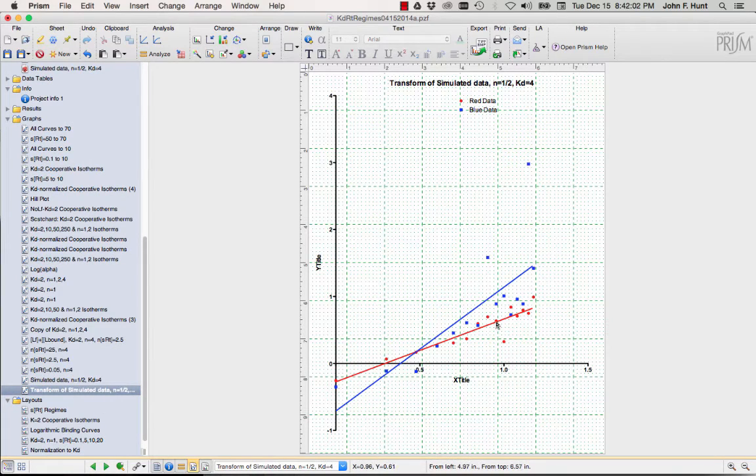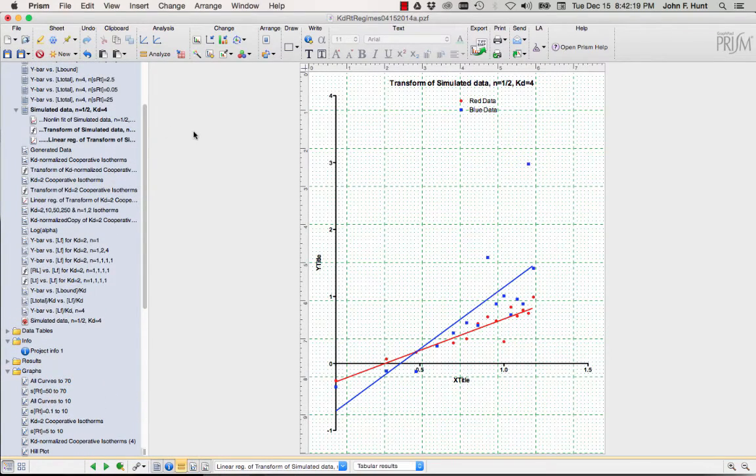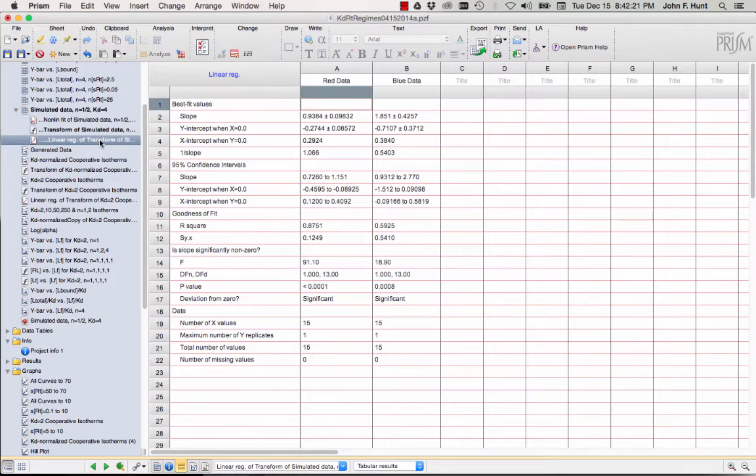We see the slope. We see the red line. The red data are giving us a pretty good line, I have to say. Its slope is very clearly lower than the blue, and that suggests the cooperativity is lower. Let's go up and look at these linear regression values. See what it gives us. It is estimating from this Hill analysis the slope of the red data is 0.938, so very close to 1.